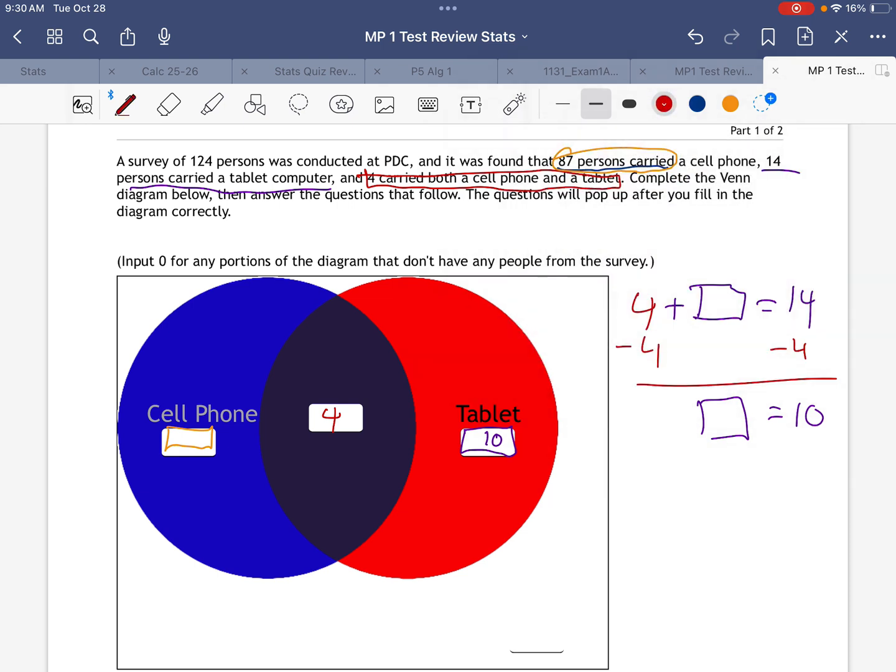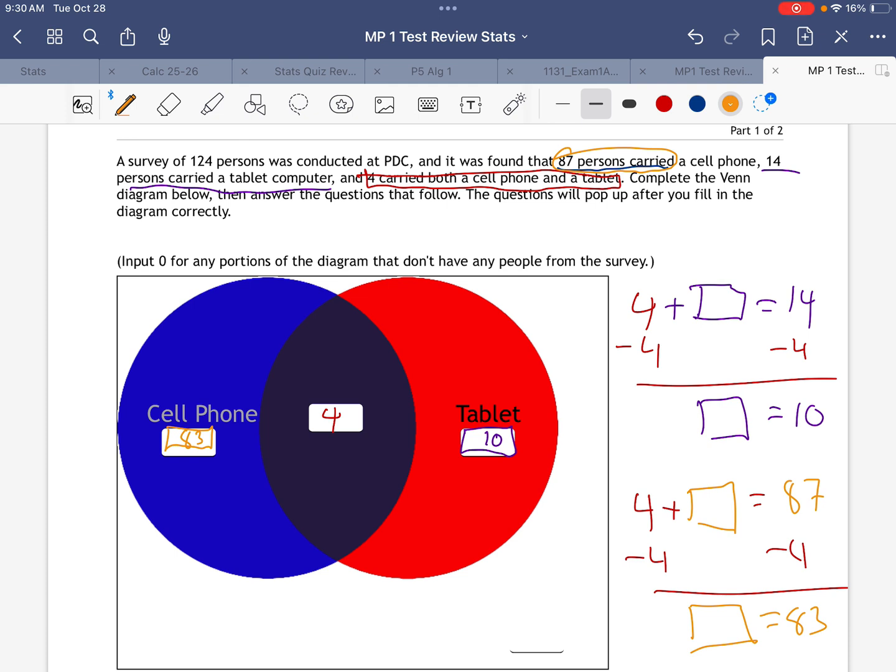Sorry, 87 people have a cell phone. 4 people have a cell phone and a tablet, plus however many people just have a cell phone should add up to our 87. So by the same idea, I'm going to subtract 4 on both sides. And you don't have to show this math, but just understand that the number we're looking for, those that just have cell phones and don't have tablets, is going to be equal to 83.